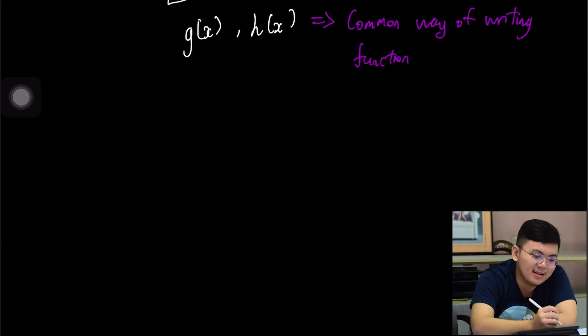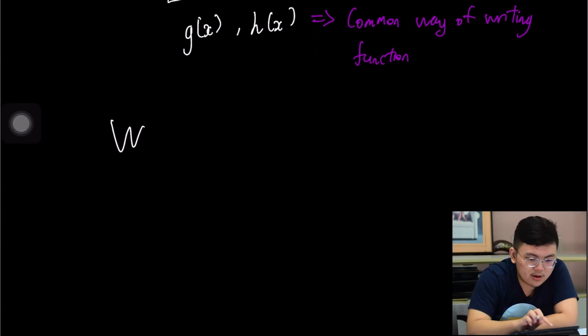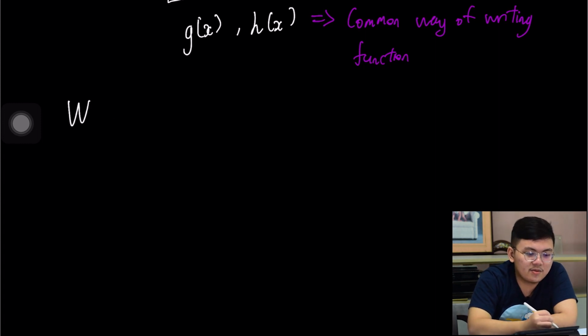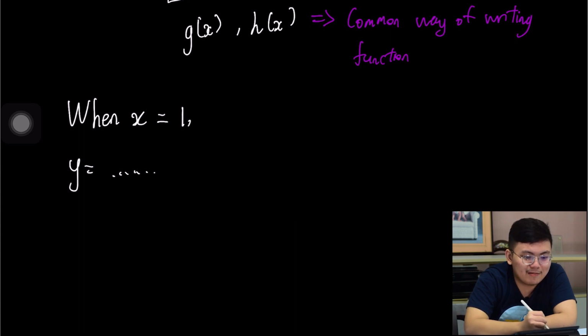For example, normally when you want to find the value of y, if I give you a function, f of x, you need to write, when x equals 1, y equals something, right?